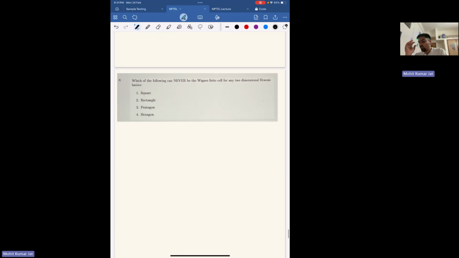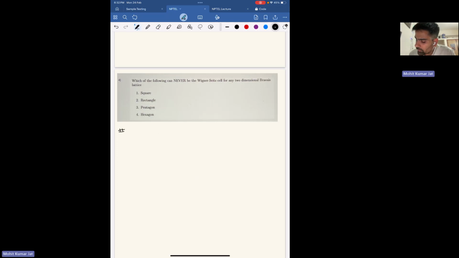Now let's move on to problem number 4, which says: which of the following can never be a Wigner-Seitz cell for any two-dimensional Bravais lattice? So square.